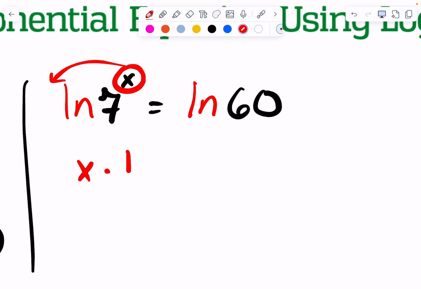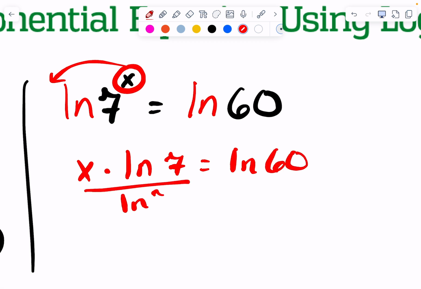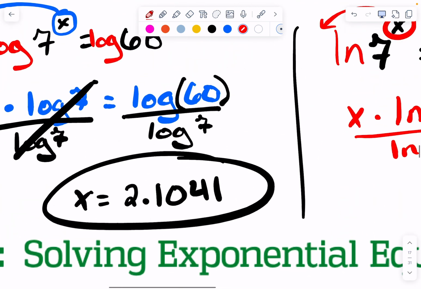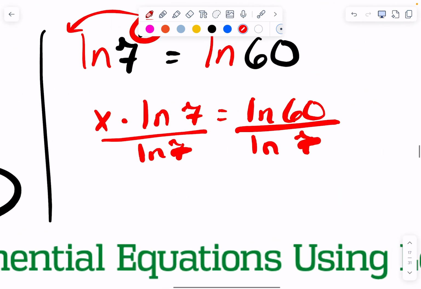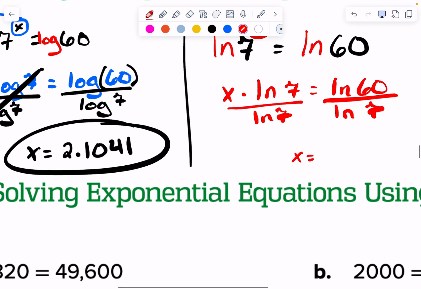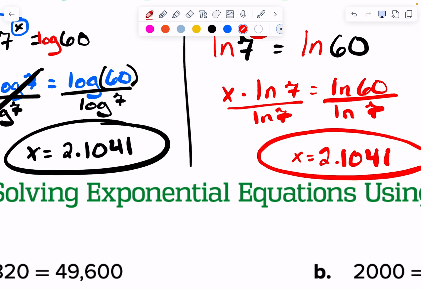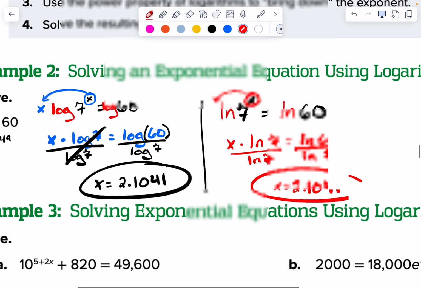So x times ln of 7 equals ln of 60, right? And then if I divide by ln 7, I have basically the same thing. Before we had log 60 divided by log 7. Here we have ln 60 divided by ln 7. It's going to give me the same answer. So I don't care if you use log or you use ln. It doesn't matter. And you put that in front of both sides.